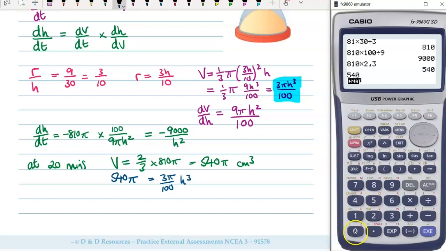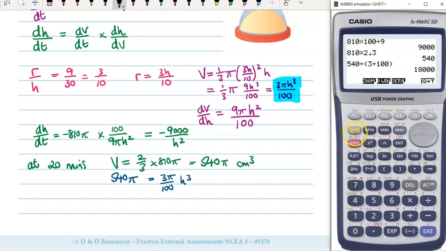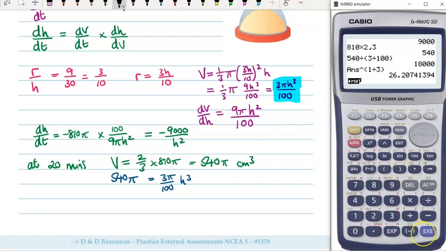Okay, so 540, the pi's obviously cancel. We're going to divide it by 3 over 100. And then we need the cube root of that. Let me just sort this out. So our answer, cube root of it, is 26.2.